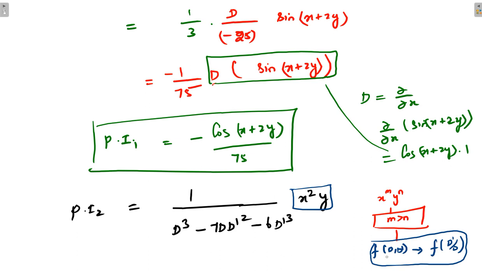If you want to make f of D comma D dash into f of D dash by D, you have to take the highest degree of D as a common term in this denominator. Now I am going to take D power 3 as a common term in this denominator. So from that you may get the function f of D comma D dash as a function of D dash by D after taking D cube as a common term.